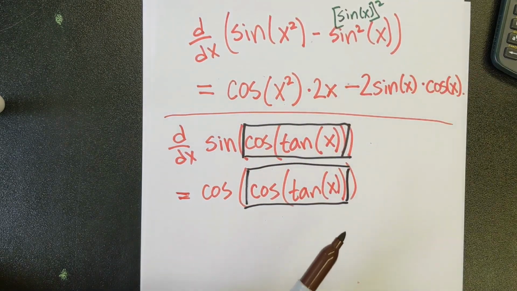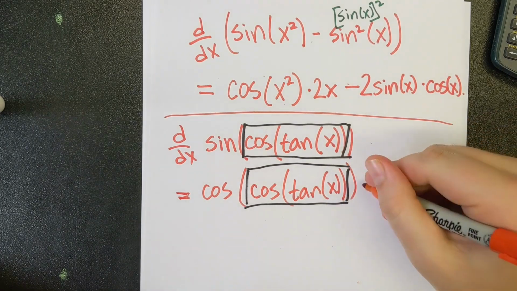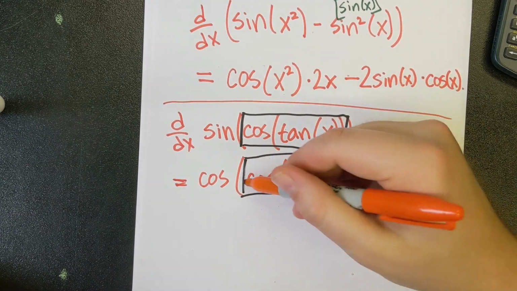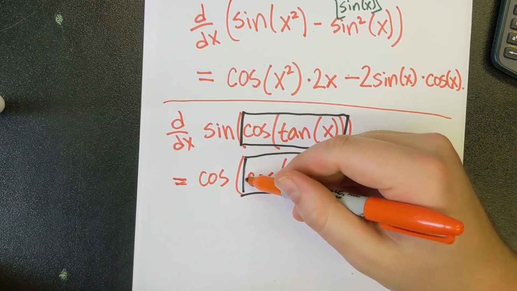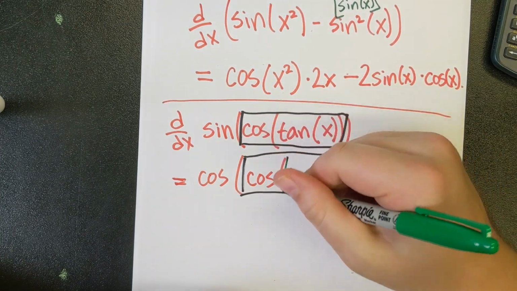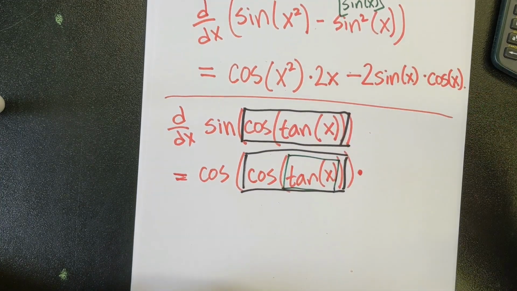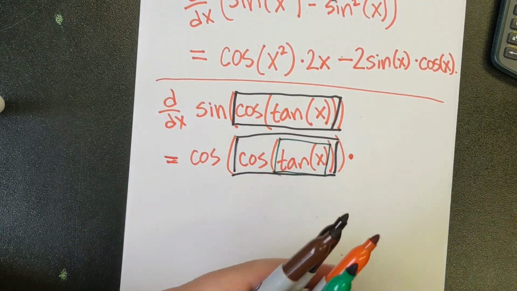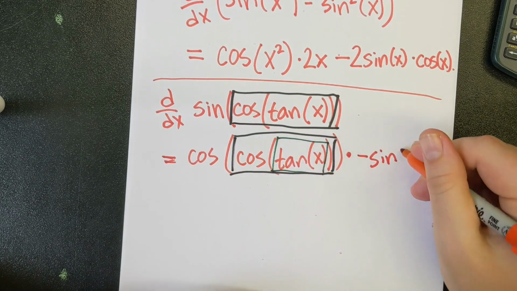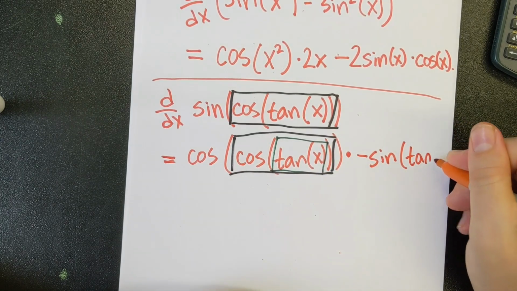But now I need to times it by the derivative of the inside. So take the derivative of this part. I say, well, I'm going to take the derivative of the cosine part and leave its inside, the tangent, the same. So derivative of the cosine becomes minus sine, leaving tangent of x the same.